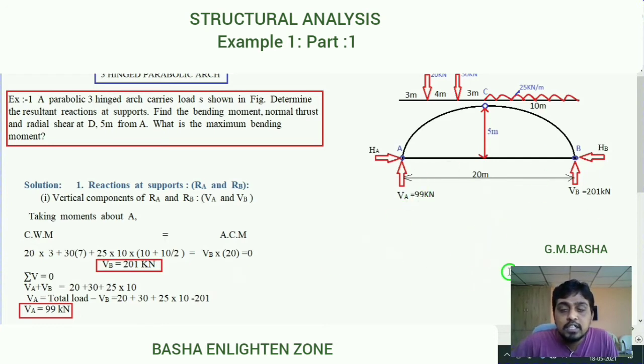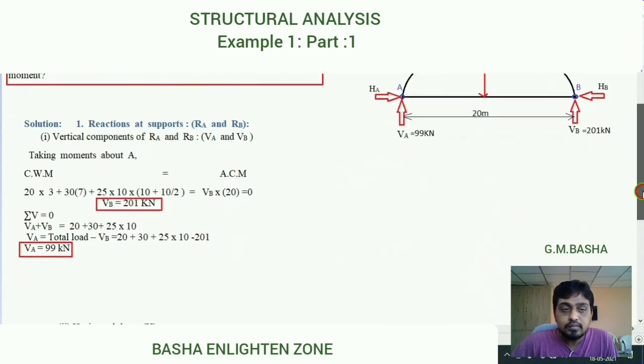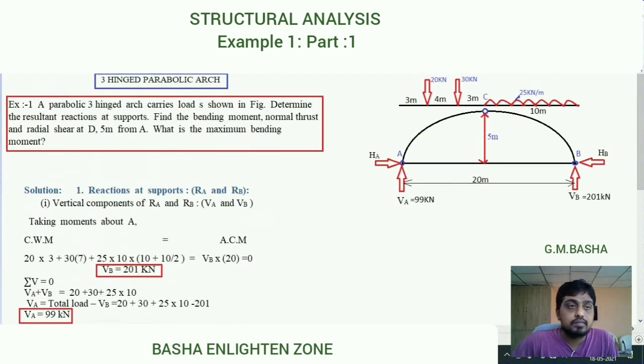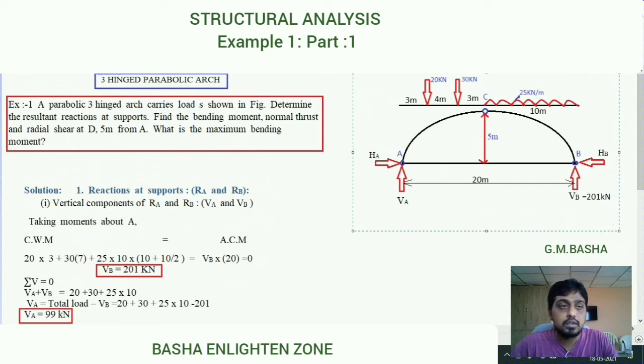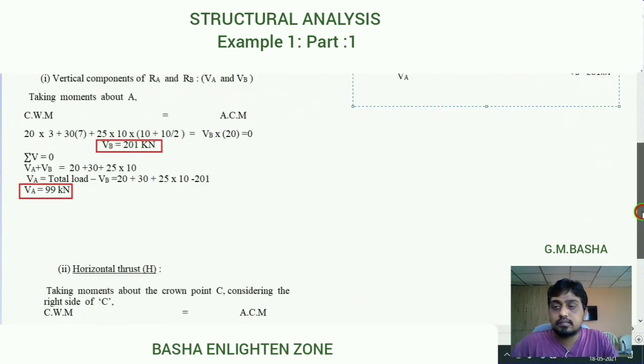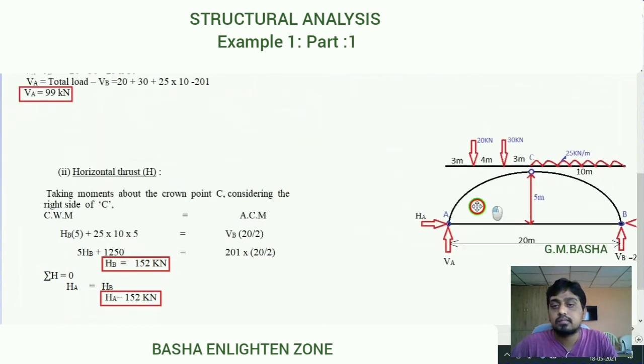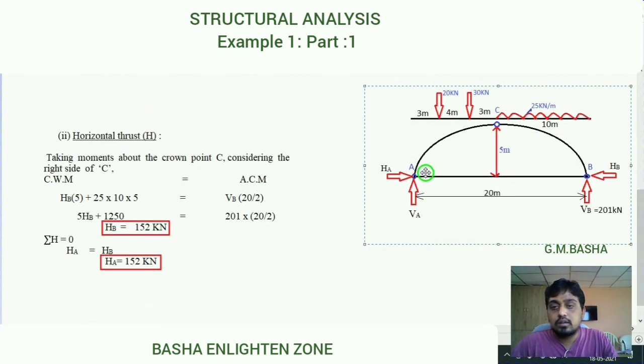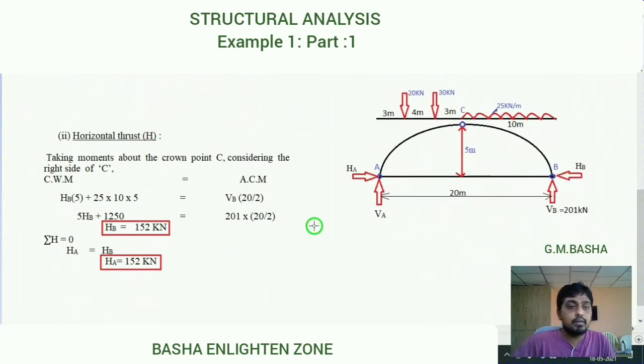Okay, so after obtaining these vertical reactions, then go for the horizontal reactions, HA and HB. So the horizontal thrust, see here, we are going to find the horizontal thrust H. I am resolving any one side.